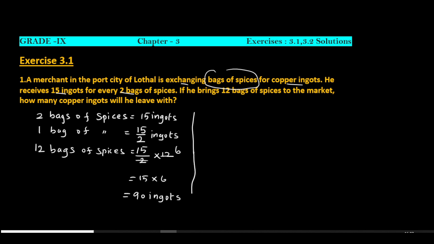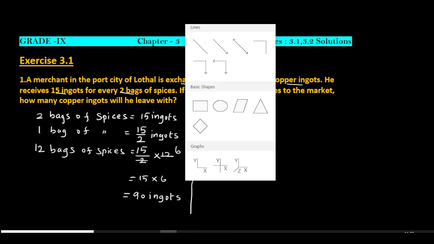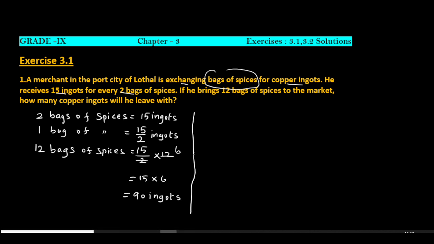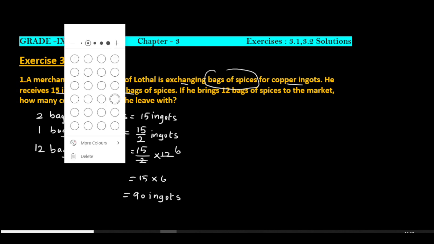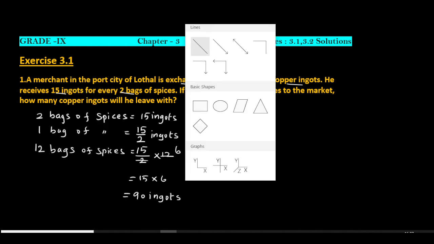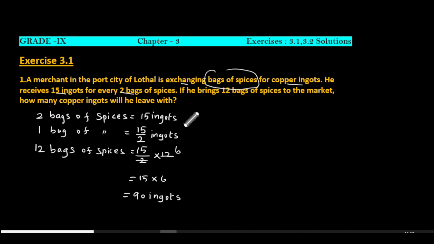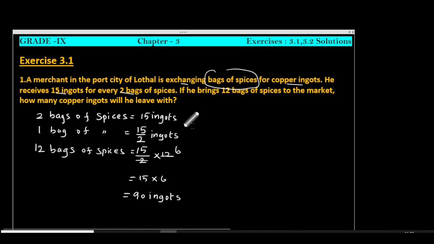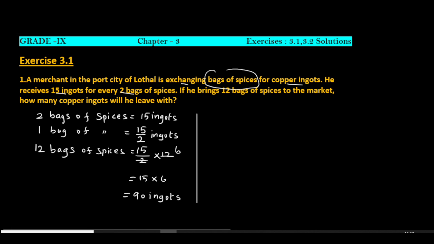In another way, we can do this like this. You know, 2 bags is equal to 15 ingots.